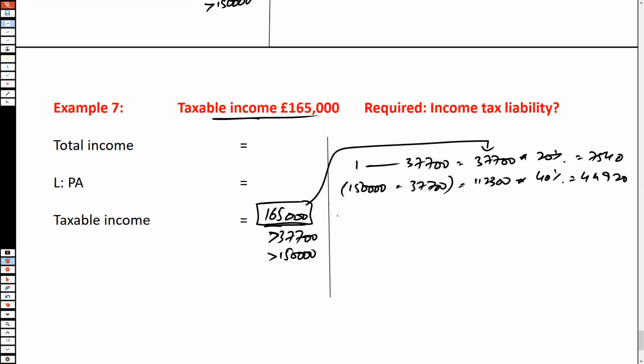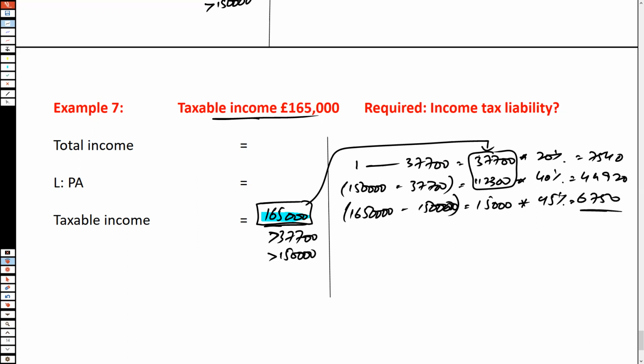Finally, in the last step, take the taxable income of 165,000, of which 150,000 has already been taxed. How can we check this? The sum of the above two values should be equal to 150,000. This excess amount of 15,000 is taxed at 45%, and 6,750 is calculated. The total tax liability in this scenario is 59,210. The last thing to confirm is that the sum of these three should be equal to your total taxable income.